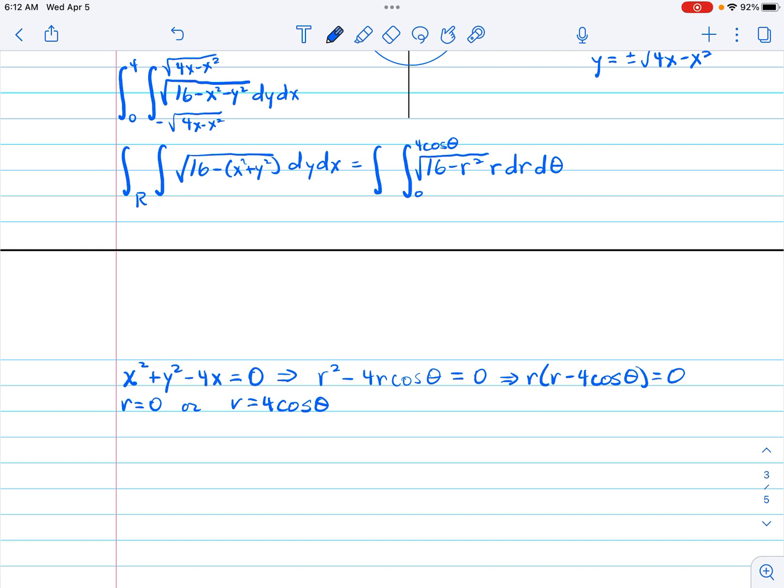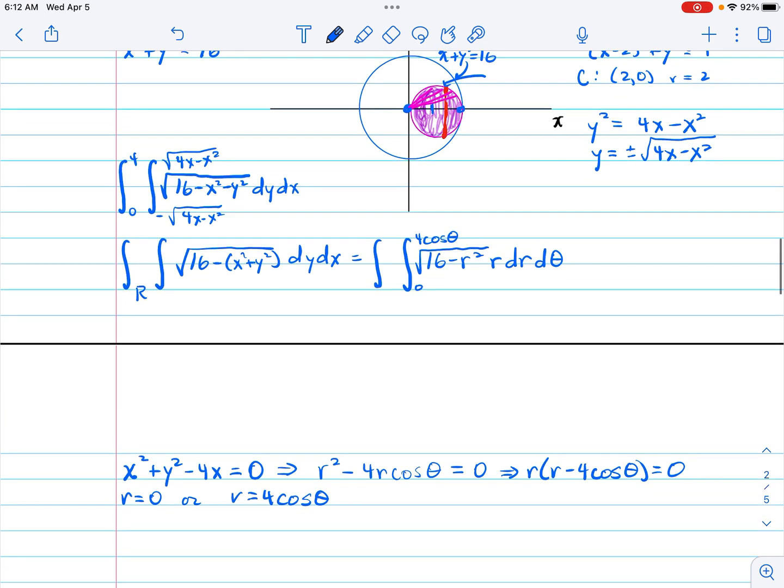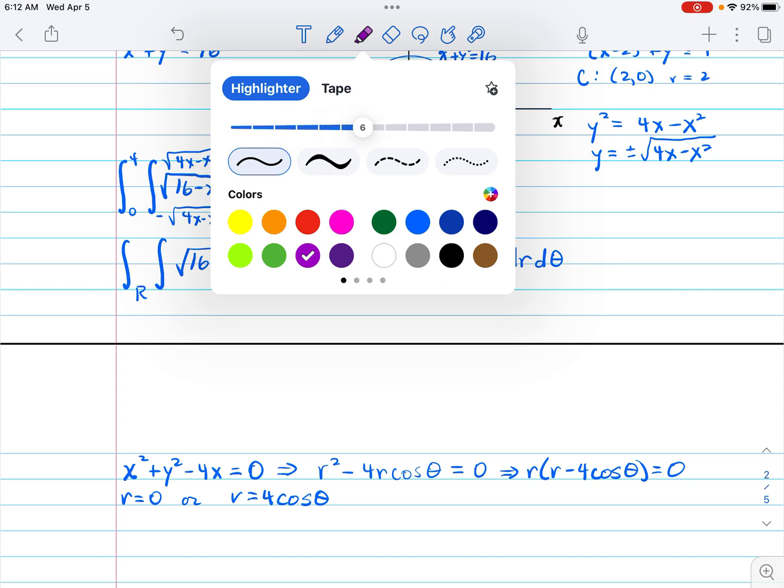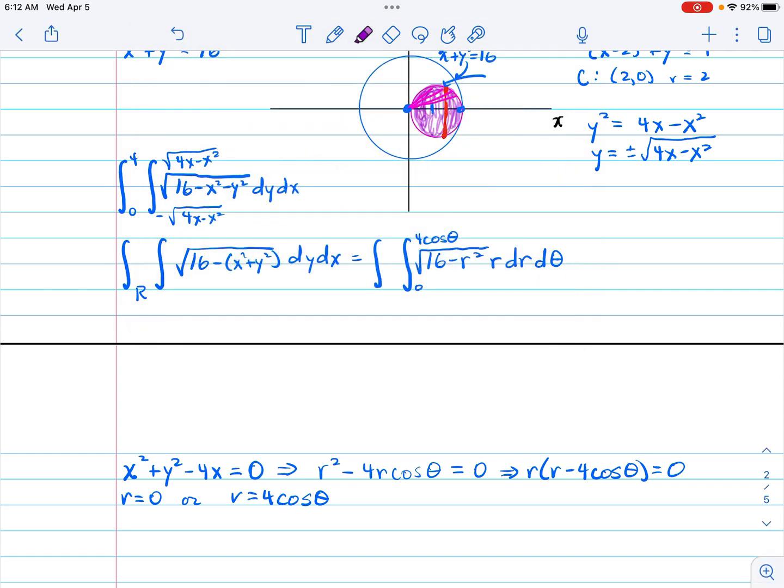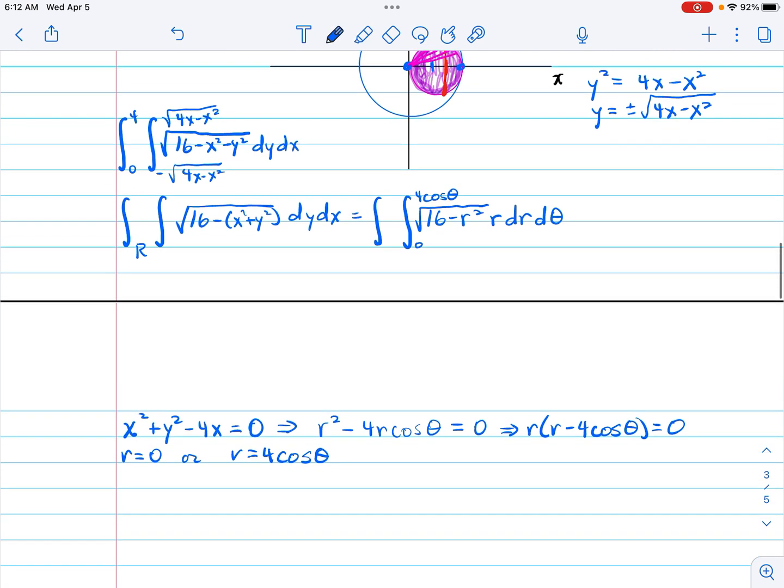Now, it's time to determine what theta does. If you want to trace out this entire circle here, this whole thing, this is one way to do it. You could go from 0 to pi, and that traces out that entire circle.